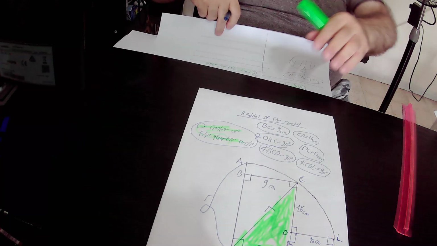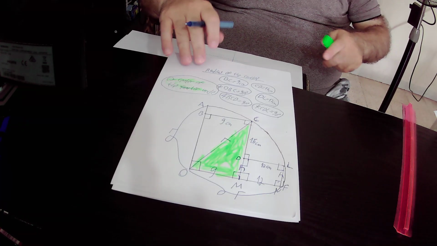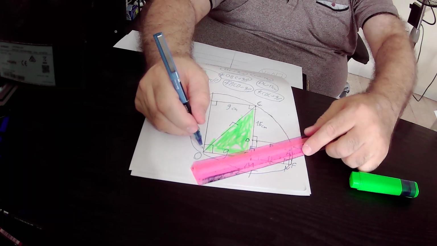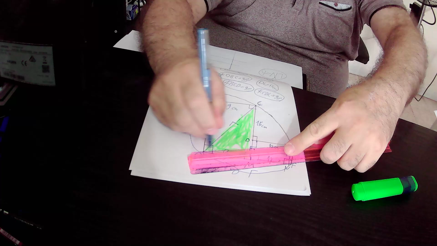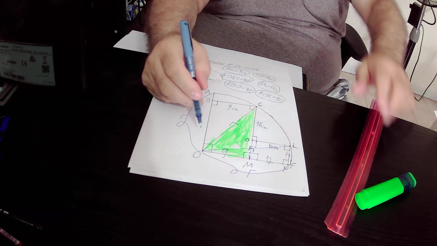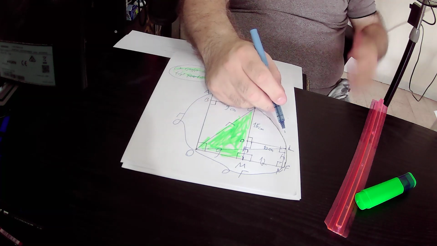In the next step, we will join points O and L together by a straight line. Point O is the center of the quarter circle. Point L is a point on the quarter circle itself.